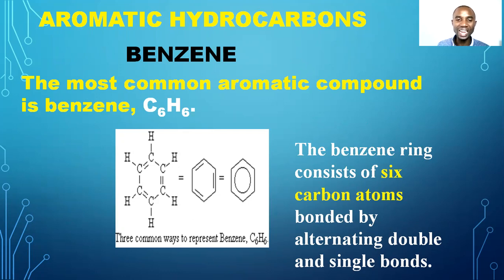Now clearly, it can be represented in this way. The first one shows the double bonds and all the hydrogen atoms in the compound. Or you can use the hexagon as a plain shape, putting all the bonds at the respective places, double bond and single bond, without showing the hydrogen atoms.